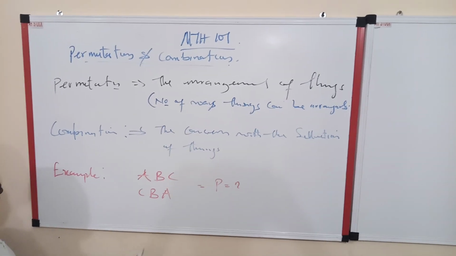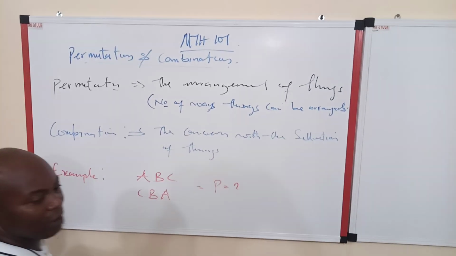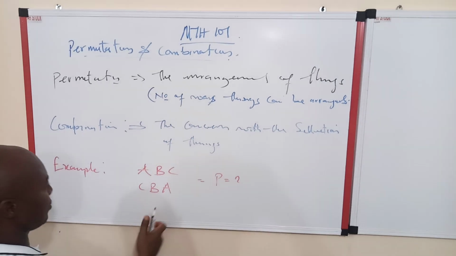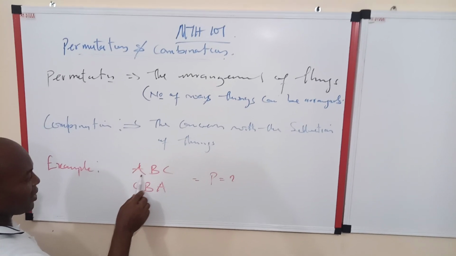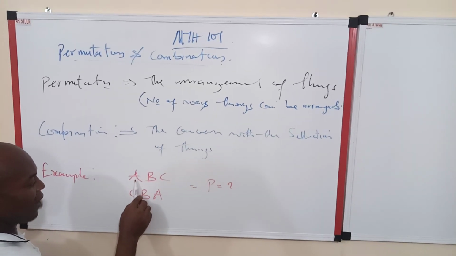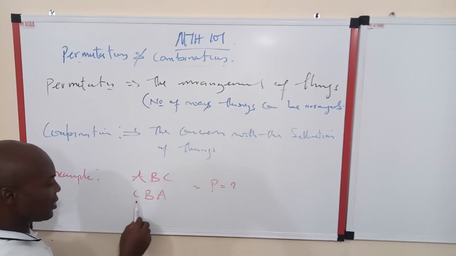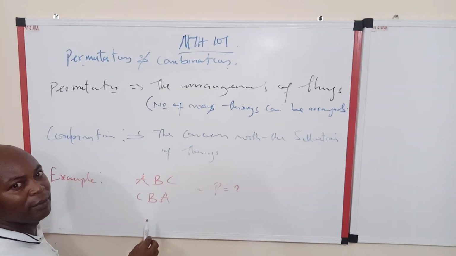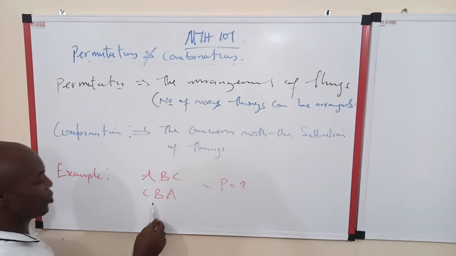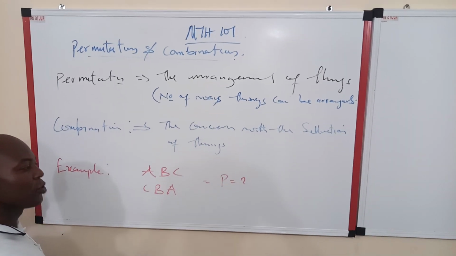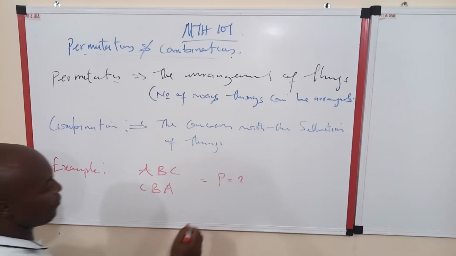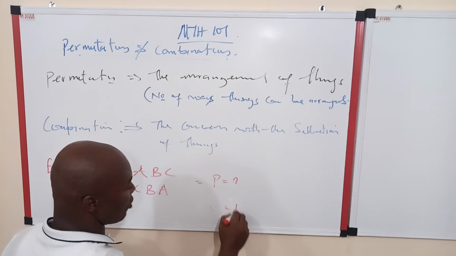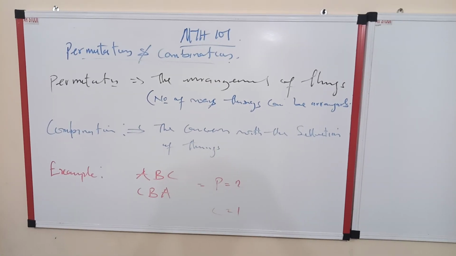In terms of combination, we're talking about selection of items, a collection of items. In this pool where we have A, B, C, the items are also the same as C, B, A. So in terms of combination, we just have one combination.